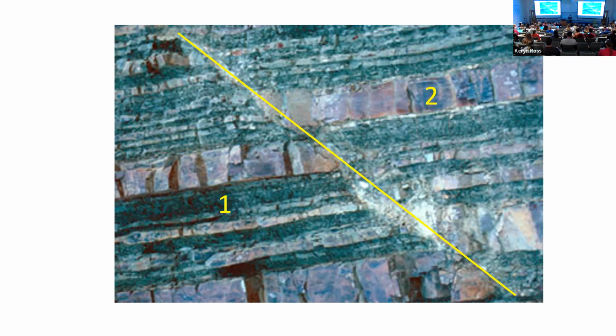Which one is the hanging wall? 2. And that means this is a reverse fault because the hanging wall went up relative to the footwall. How you guys doing? You feel like that makes a little bit of sense? If I gave you one of these on a test, you could figure it out, right?